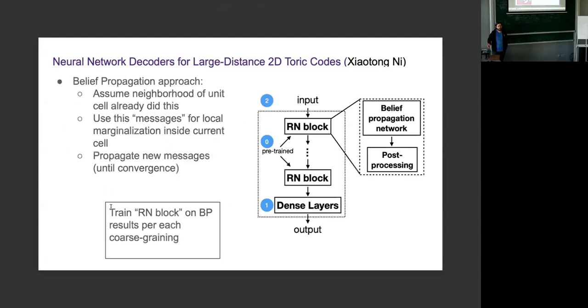So it's a nice approach, not very nice results, but one of the points of attack which is nice to do is this: he said, okay, I could do this, and I could train some neural networks to predict the outcome of this renormalization procedure, to predict the BP probabilities per edge. So he trained a neural network on these results, and then he combines it: you give me a lattice, this neural network trained on BP results coarse-grains the lattice, and then put some dense layer and make the output.